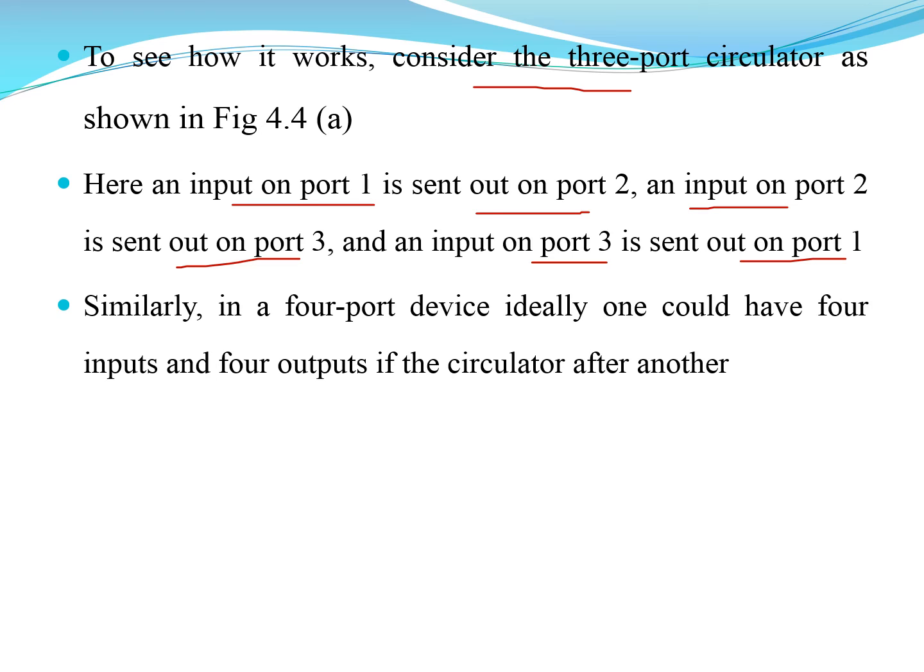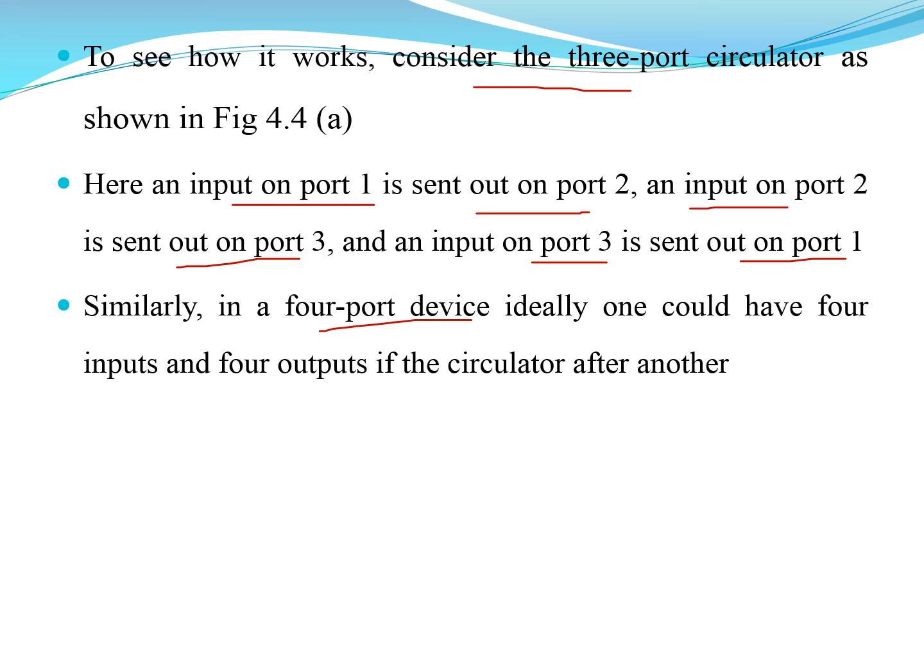Similarly, for an input on port 2, the output is obtained at port 3, with port 2 as the input port and port 3 as the output port. Similarly, for an input on port 3, the output is obtained on port 1, where we consider port 3 as an input port and port 1 as an output port.